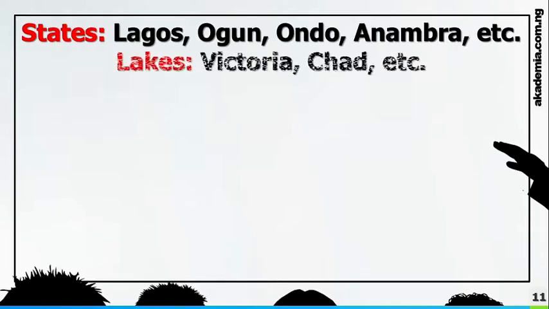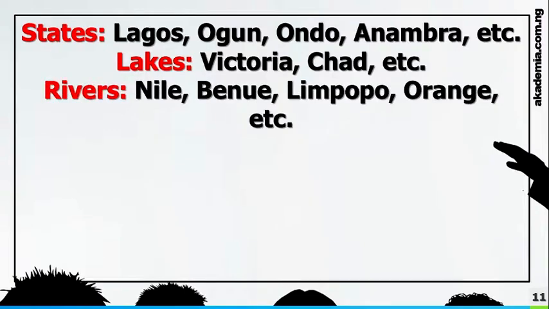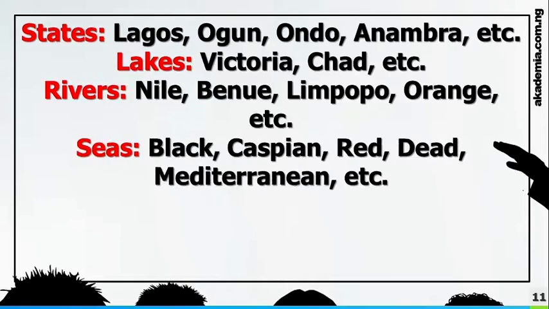The same applies to lakes. We have Lake Victoria, Lake Chad. All the names of known lakes are proper nouns. The same applies to rivers like River Nile, River Benue, River Limpopo, River Orange. The same applies to seas like Black Sea, Caspian Sea, Red Sea, Dead Sea, Mediterranean Sea, and the likes.